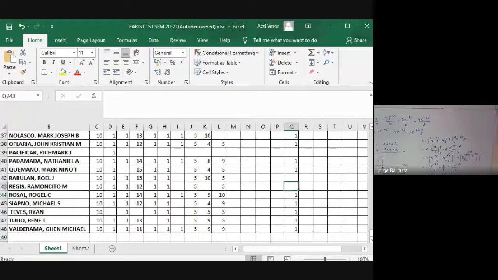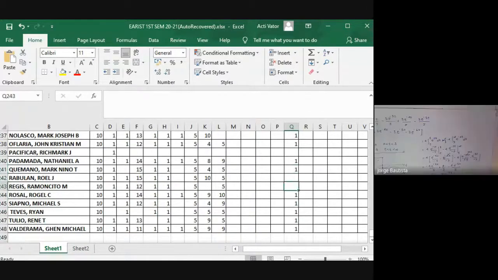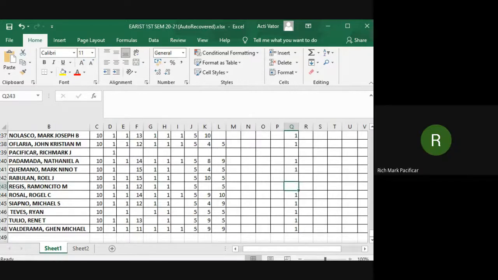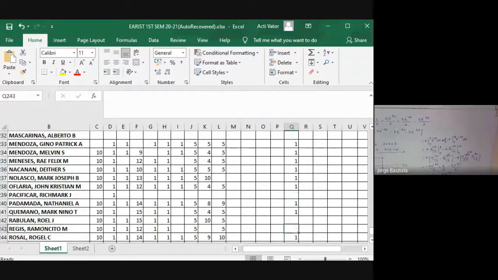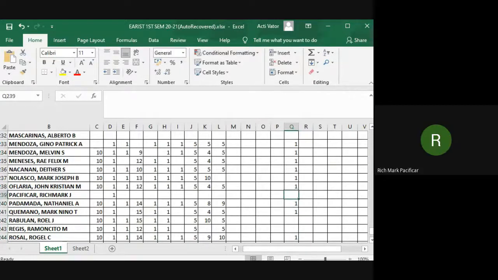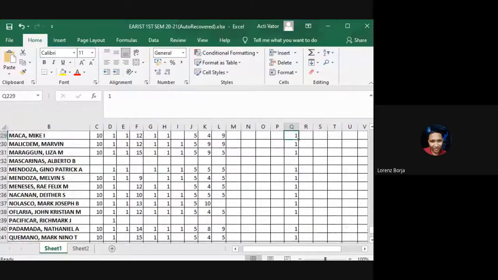Okay, so wala na, no? Sir, Borra po. Nawawala lang po yung data. Teka. May nag-chat sa akin. Saan yung Rosal? Okay. Sino yan? Wala na ba? Pacific. Sir, Borra po.